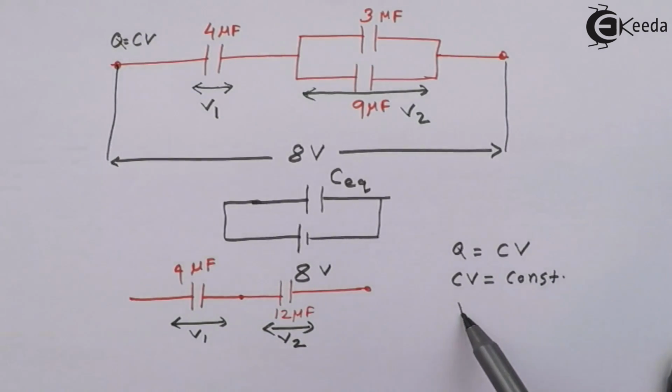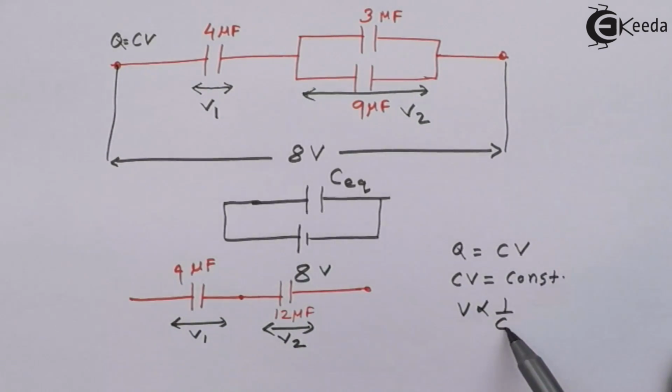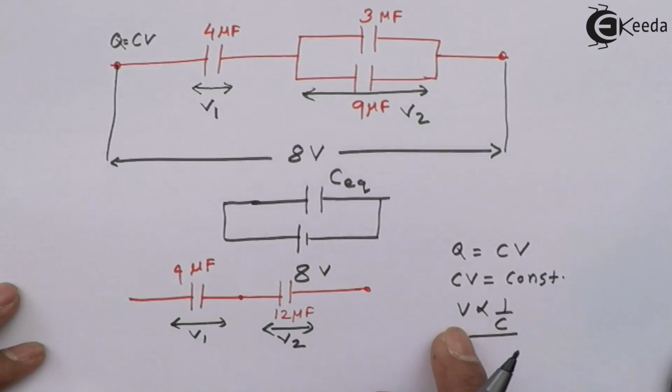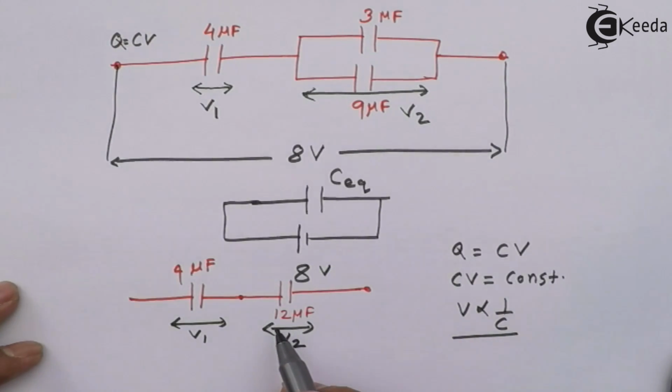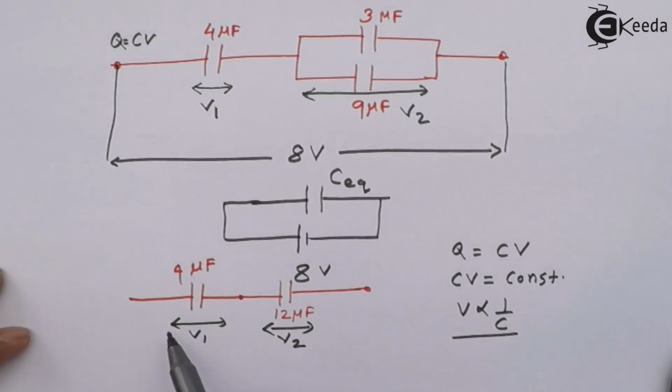That means V is inversely proportional to C, this relation. That means the voltage drop will be reciprocal of the capacitance. So the voltage drop here is not directly proportional to the capacitance of this, but depends on this one.